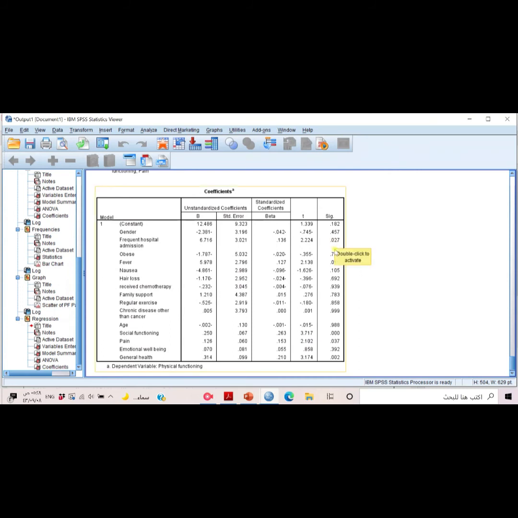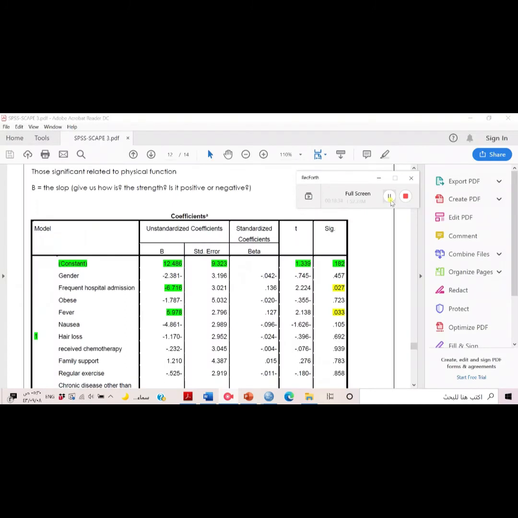In this table, I will see first the significance, and I will see if it's categorical or numerical, and how I can make the interpretation. Coefficient table, how can I make the interpretation for this table?